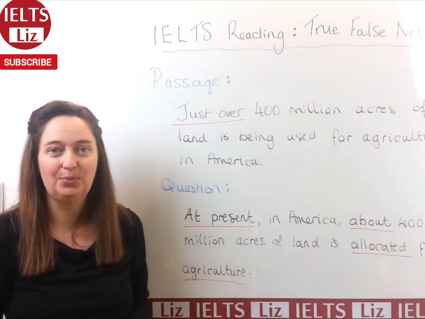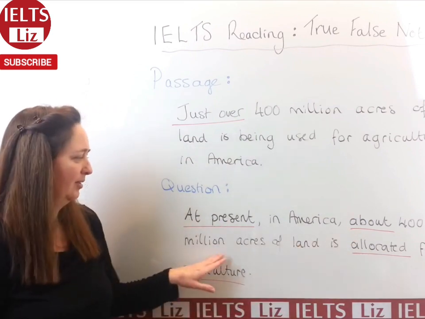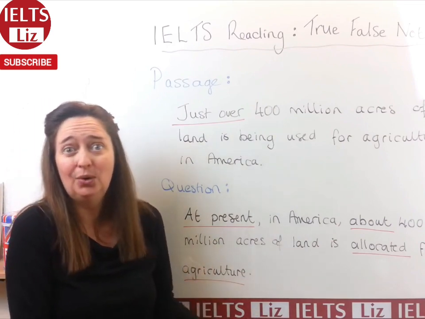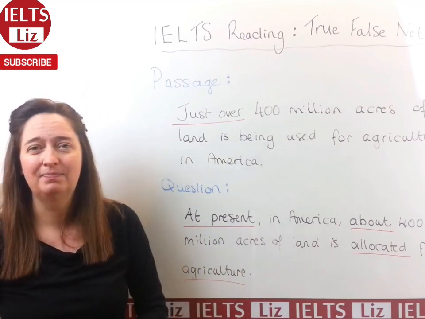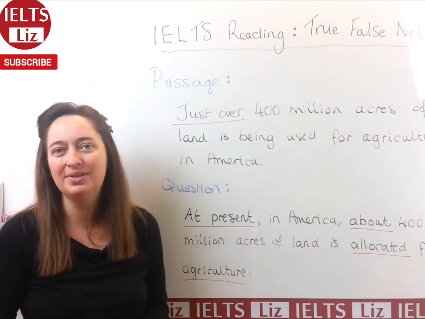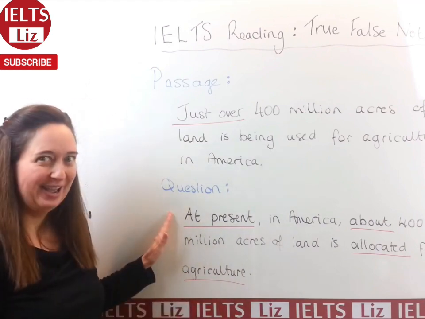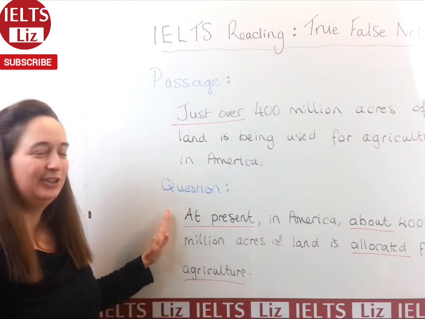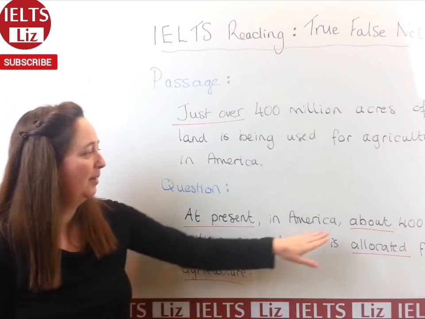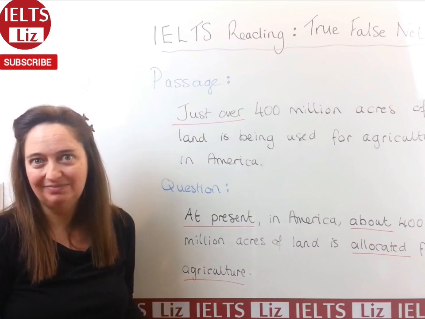The opposite would be, it is not close to 400 million acres. In fact, it's a lot more, or it's a lot less. But it's not close to 400 million acres. That's the opposite meaning. So now we take a look more carefully and we can see actually that information does match, because about has the same meaning: just over, just under.